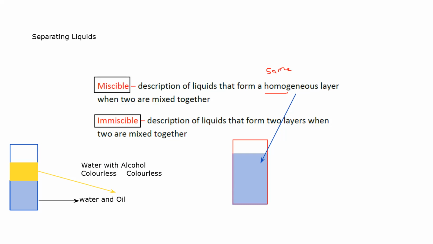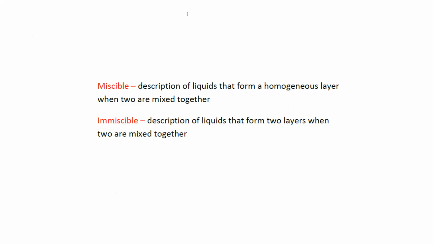But when we mix two or more liquids and it appears as one, then we call that a miscible liquid, like it appears as one phase. Another example of a miscible liquid is crude oil. Crude oil appears dark brown or black in color, but actually what is crude oil?